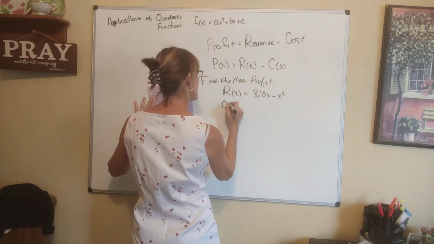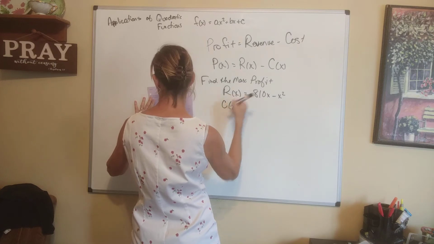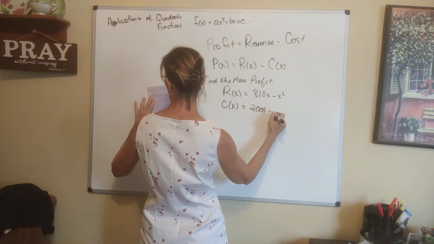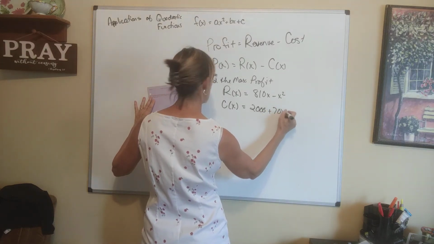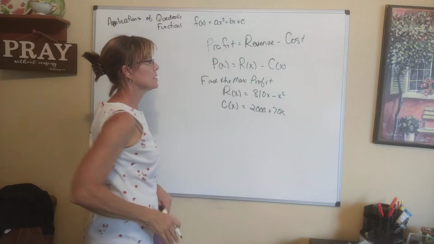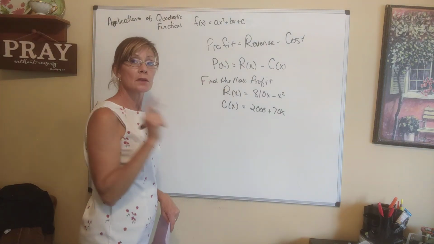And then C of X, the cost of producing X units, is equal to 2,000 plus 70X. So they give us a revenue equation and a cost equation, and we have to come up with the profit equation, and we can do that.